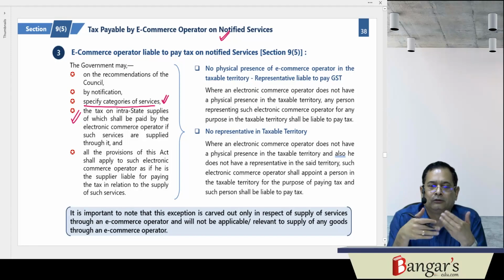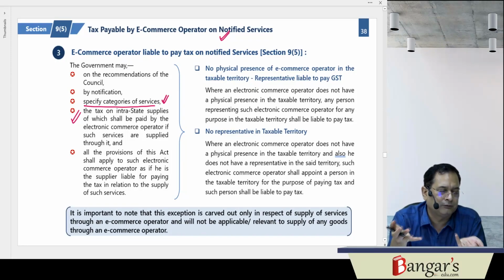If such services are supplied through it, it will be regarded that the e-commerce operator is a supplier of service, and he will be liable to get himself registered and pay GST.